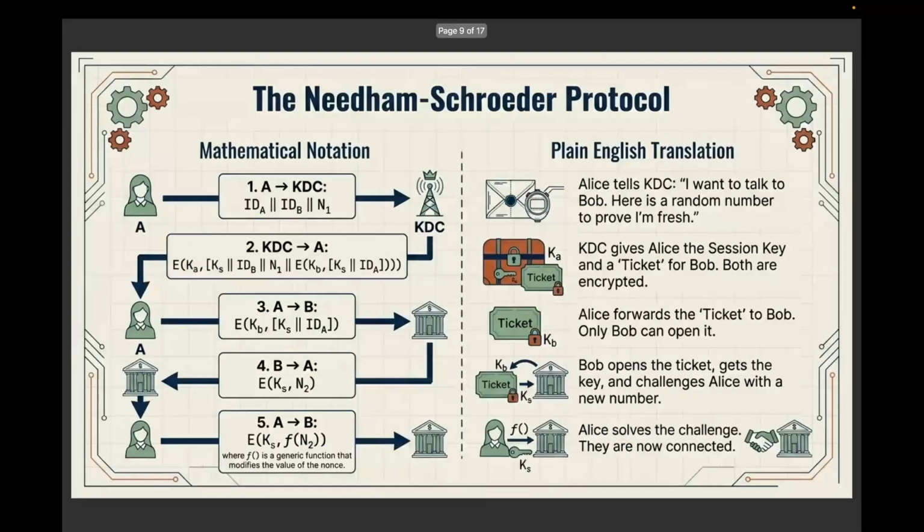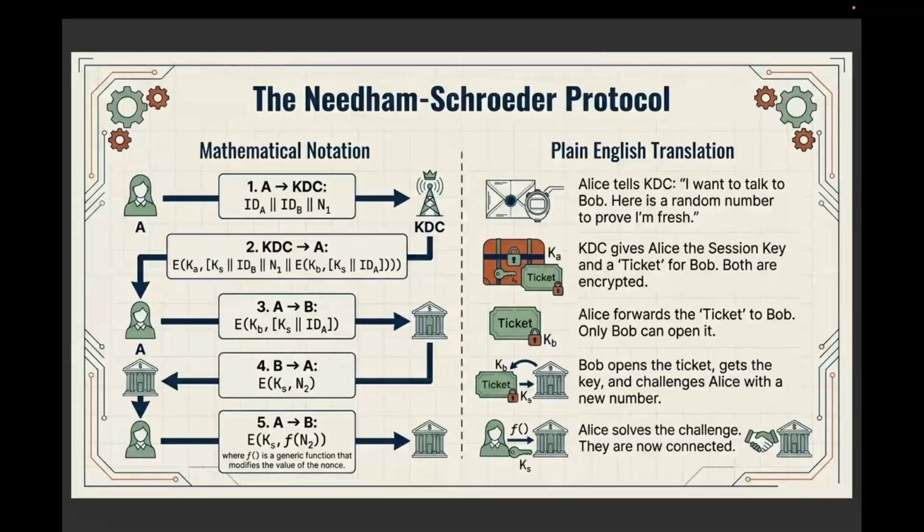Now let's look at one of the classical authentication protocols, the Needham-Schroeder Protocol. This protocol uses a KDC and symmetric keys. Let's see the notations: A means Alice, B is Bob, and KDC is the Key Distribution Center.